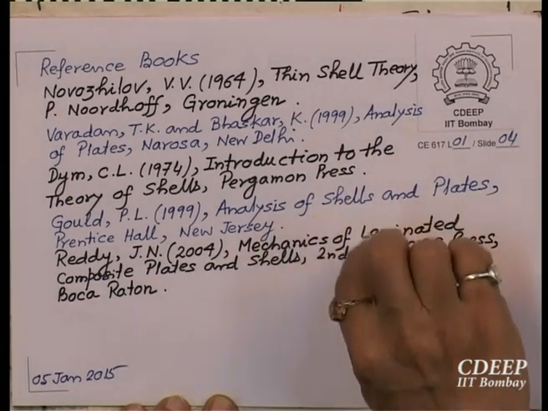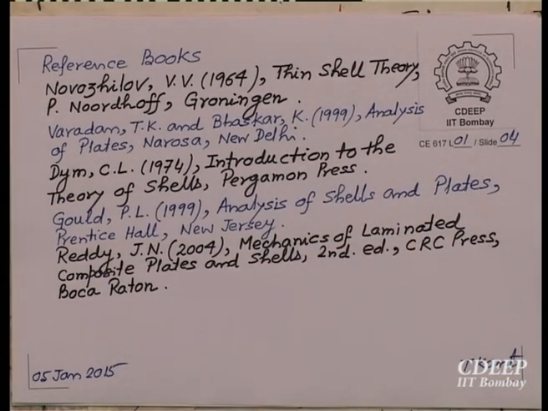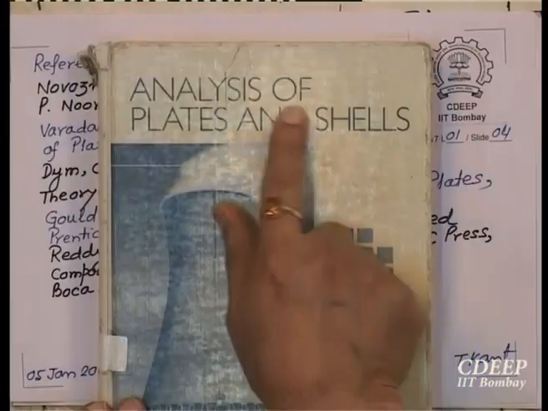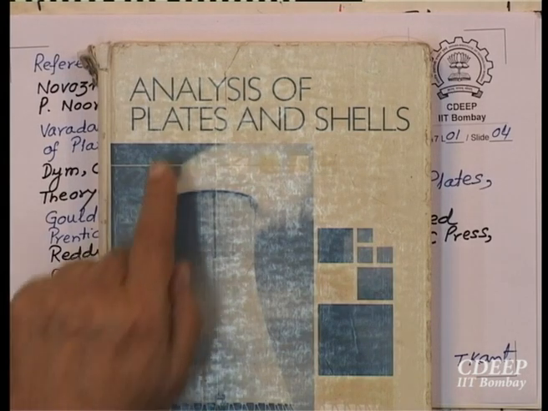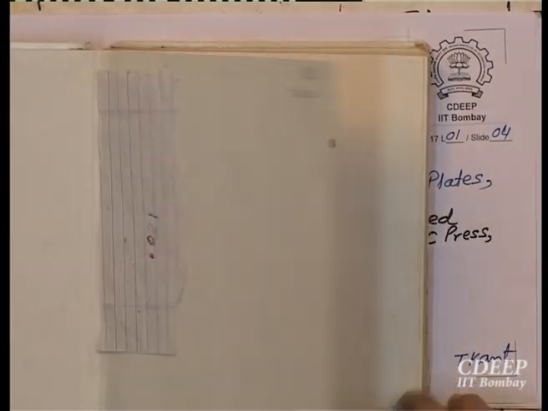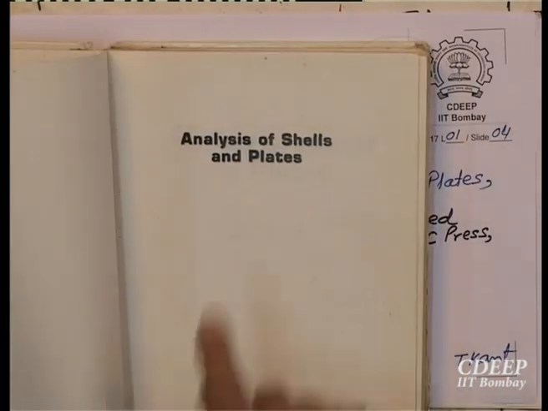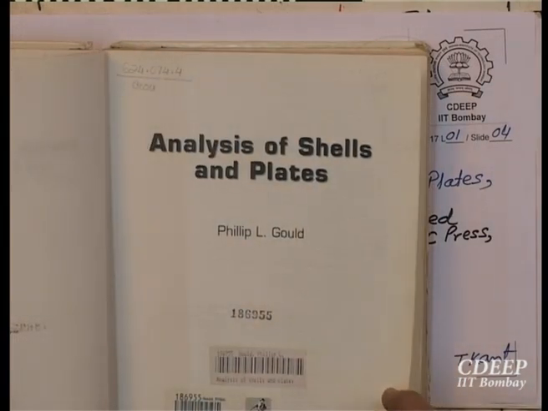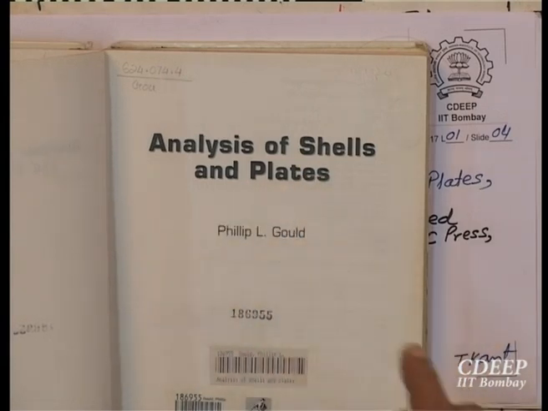Normally a plate is a simpler object than a shell. A shell is much more complex, but the title says, and I was intrigued, I took the copy from the library. On the main cover it is written analysis of plates and shells. So, it is in the proper order, but the moment you go inside, analysis of shells and plates, I cannot imagine that they can make this kind of editorial mistake.